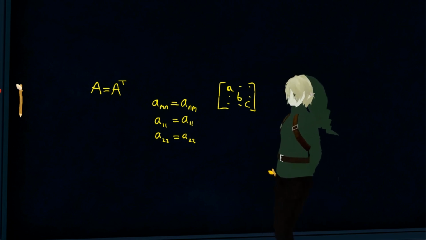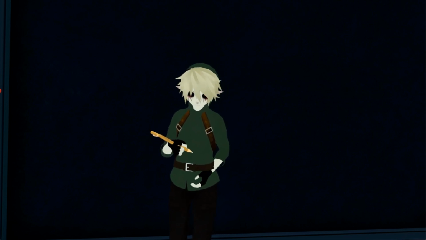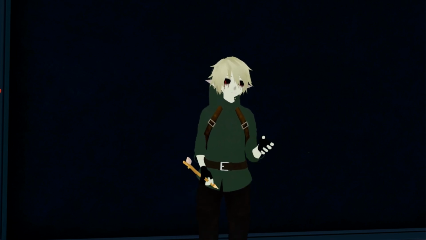Okay? All right. Next thing is vectors. Now we're going to get into some vector stuff. So, what is a vector? If you remember what I mentioned, a vector is most commonly a column matrix.